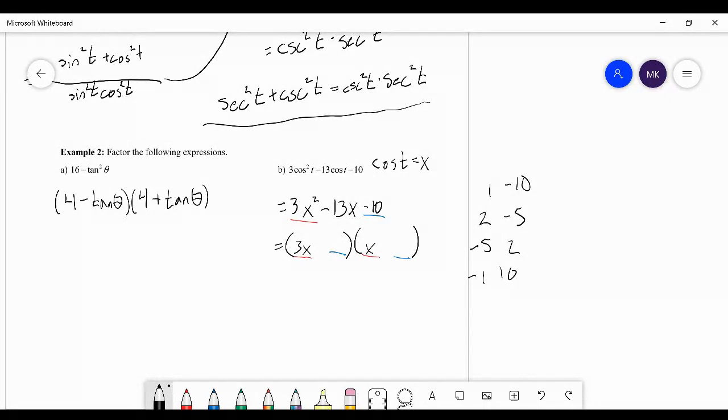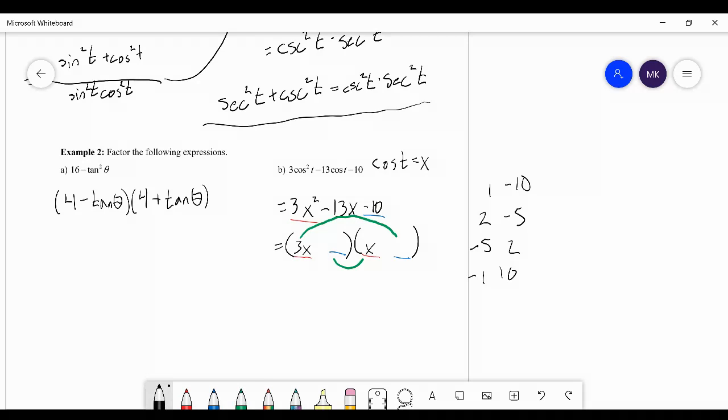Now, if we didn't have this 3 here, we would simply ask which one of them adds to the negative 13 that we're looking for. But because we have that 3, we have to be careful about how this works. The 3x is going to multiply by this piece here, and then this piece here is only going to be multiplied by an x.